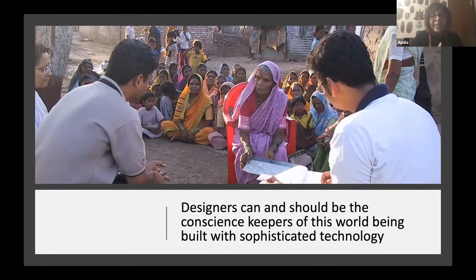Design is a discipline which teaches us. We talk about empathy all the time. And that's what really helps in being the conscience keepers. Design is very multidisciplinary. We are always embracing from other disciplines. And so we're very open about taking from other areas and enriching the way we do design. So I think we're in a very unique position.